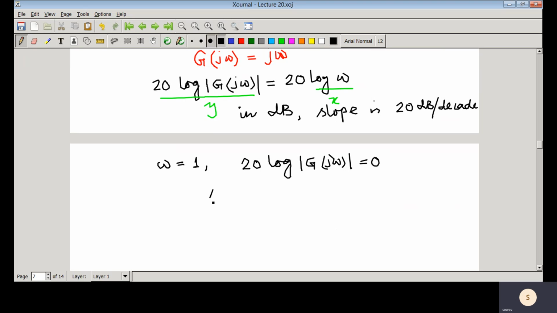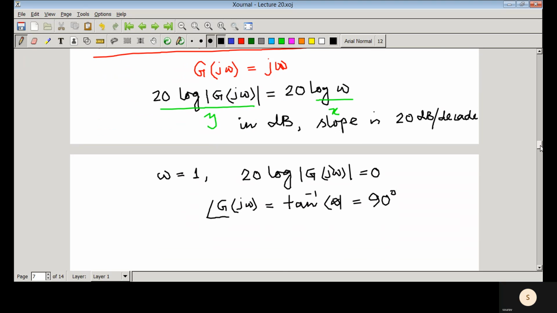And what would be the angle? The angle of G(j omega) is equal to tan inverse of infinity, so that is 90 degrees. So whenever we have a factor like s, the angle remains constant at 90 degrees, and the slope that we would have is 20 dB per decade.